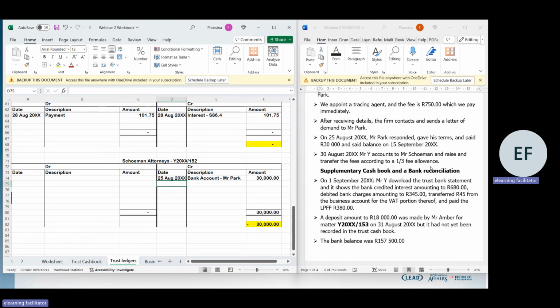So how much is going to go to our fee account? Remember, amount including VAT multiplied by 100 divided by 115 will give us our fee. We are separating the VAT. In our fee account, remember, it is also affected by the 1/3 allowance.